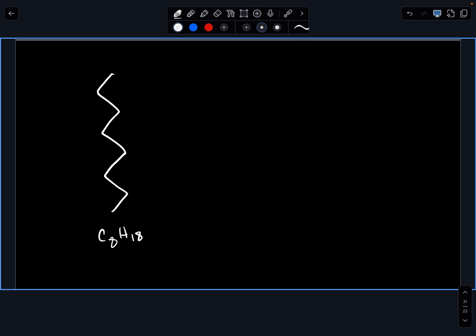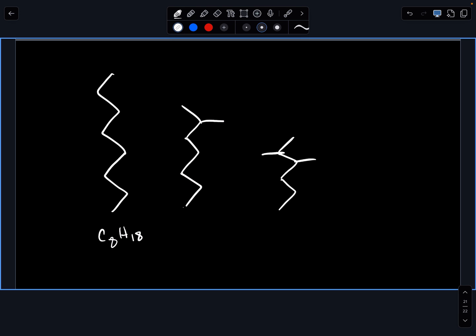So if I took another isomer of this molecule, that's 1, 2, 3, 4, 5, 6, 7, and put a branch on it to make 8, that's going to have a lower boiling point because it's closer to a ball. It's more branched, it has less surface area, it's not as long and skinny as it could be. That's also C8H18, these are isomers, and we only ever really compare isomers. Let's say we add another branch. It's going to go down again.